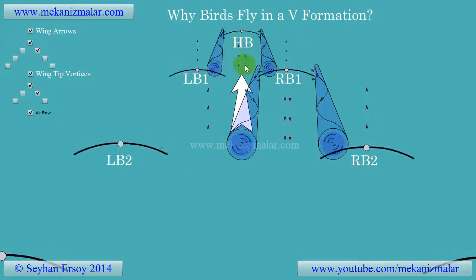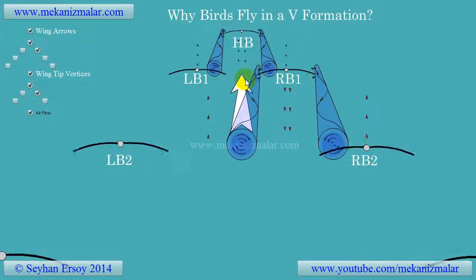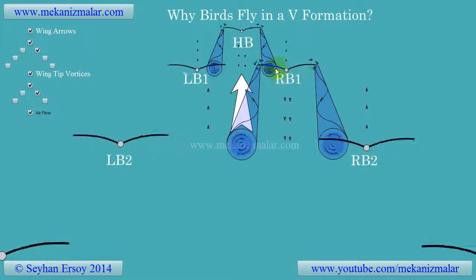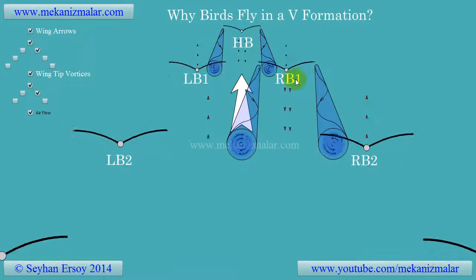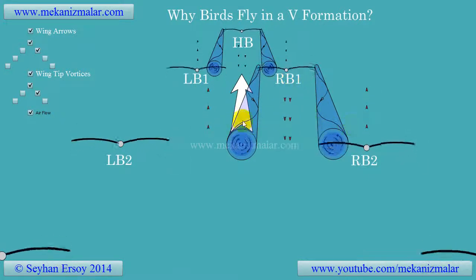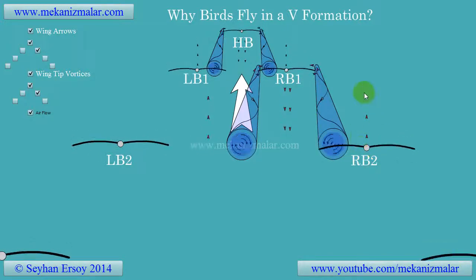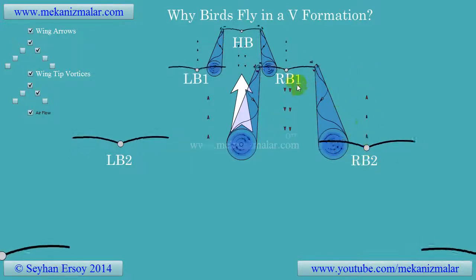So what's the best spot to fly for bird RB2, which is behind bird RB1? You may think that the left and right spots behind RB1 are the best. However, that is not the case. The only good spot for RB2 is the right side behind RB1.